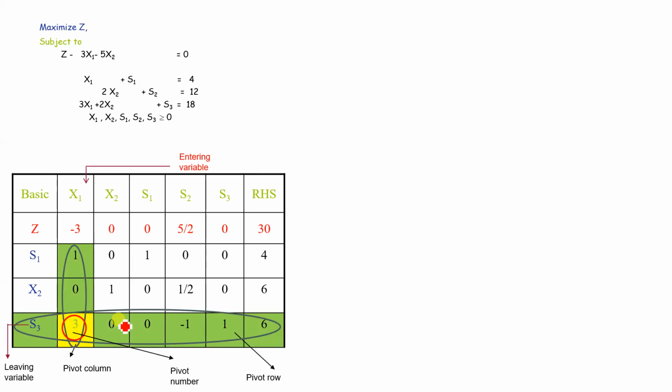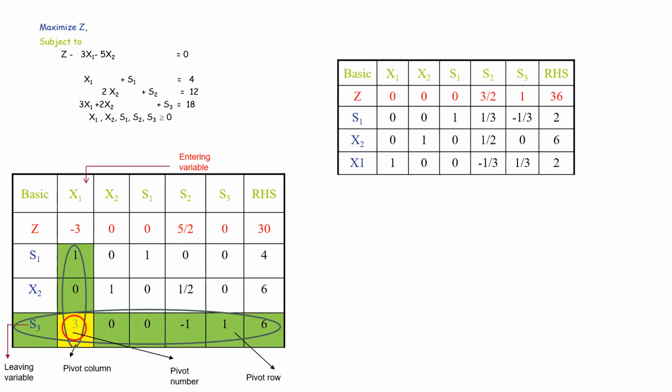This is the pivot row, pivot column, and this is the pivot element. So the new pivot row would be this one. This was the entering variable, so S3 is replaced by x1. Okay, I'm not going to get into details this time. You can go back and see the process and repeat it in order to have this table.